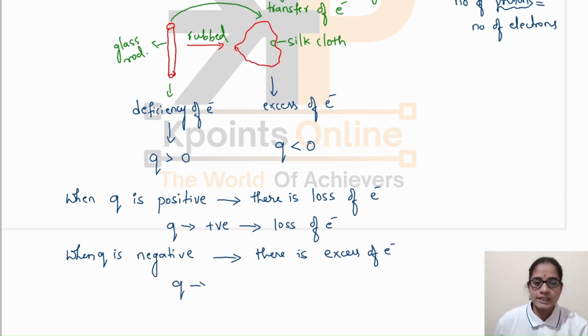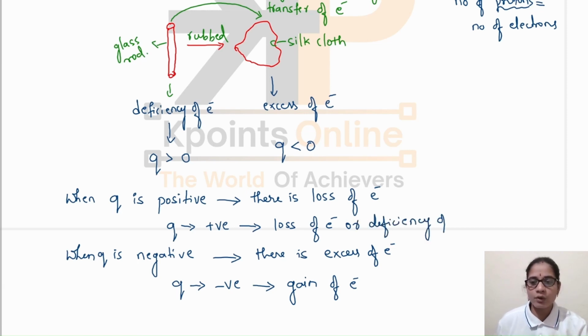So, Q is negative when there is gain of electrons. You can also write it as deficiency of electrons, or here you can write excess of electrons.